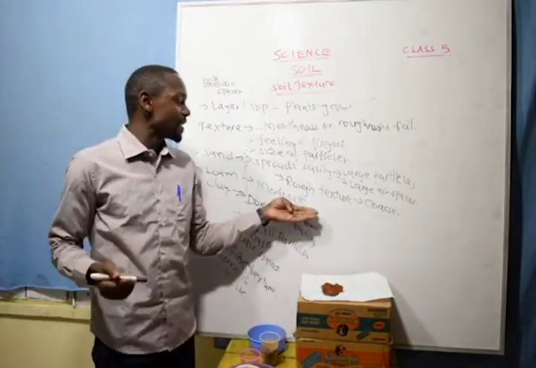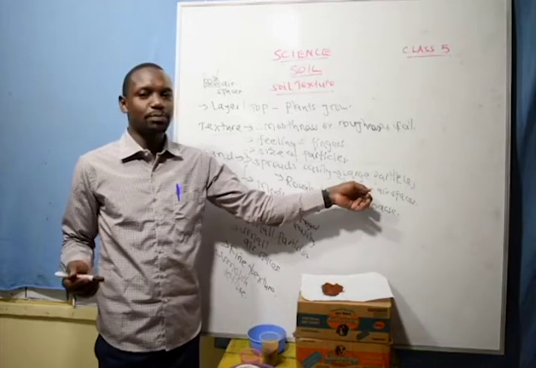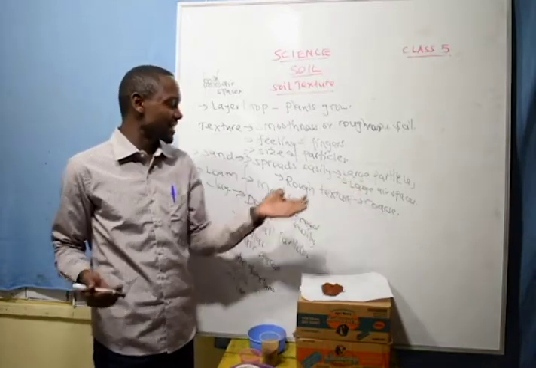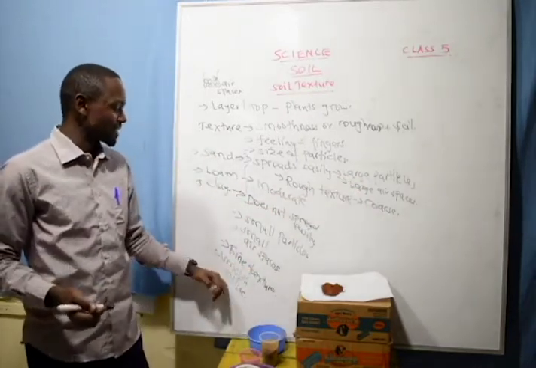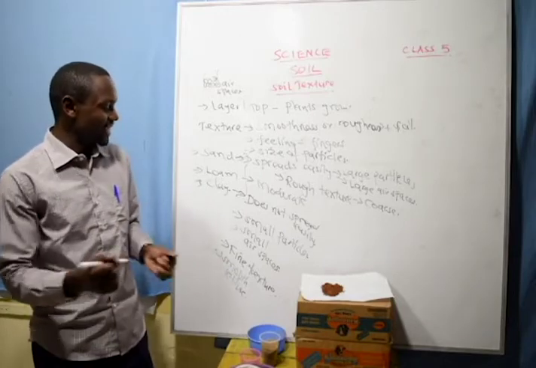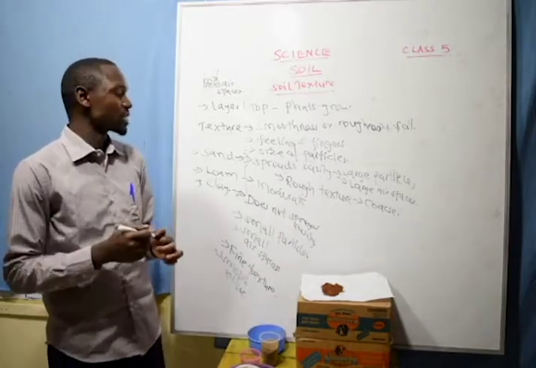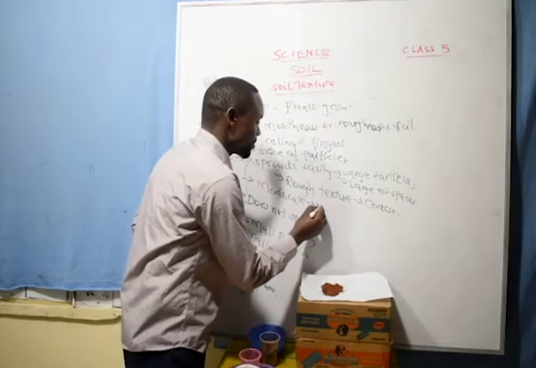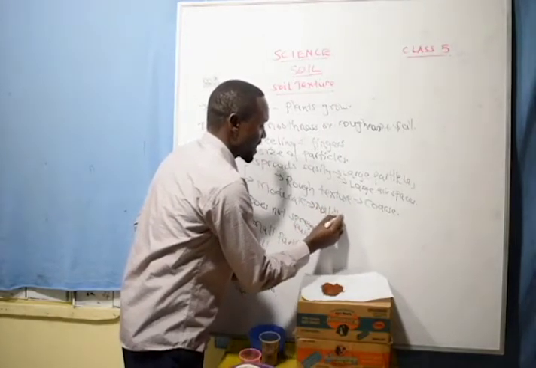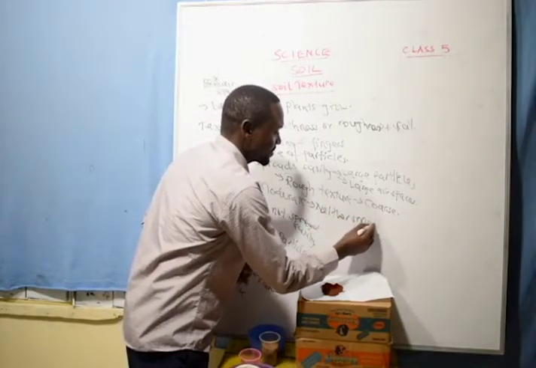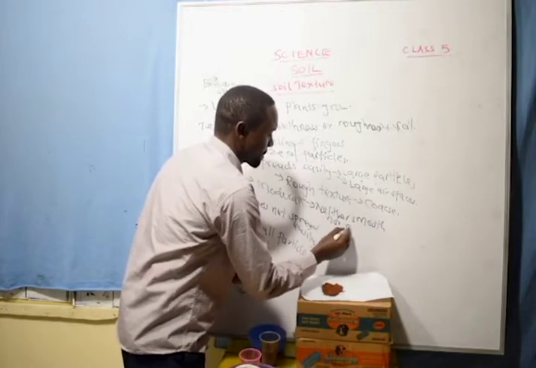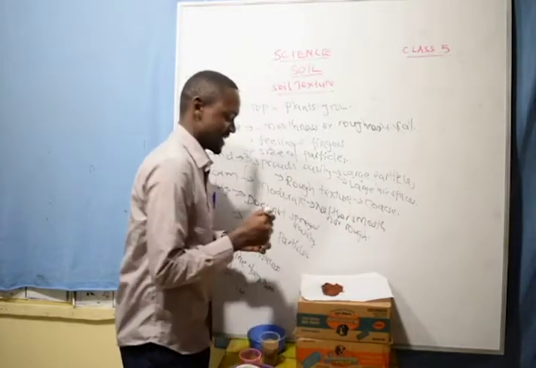If it has moderate particles, it has moderate air spaces. They are not large air spaces, they are not small air spaces. That means even its texture is moderate. It is neither smooth nor rough.